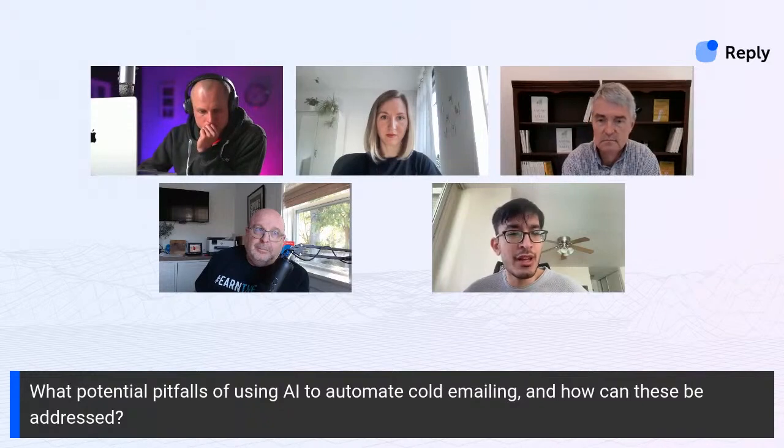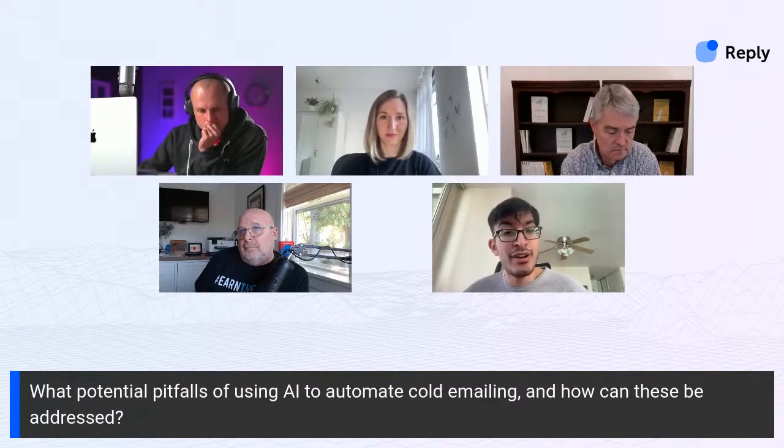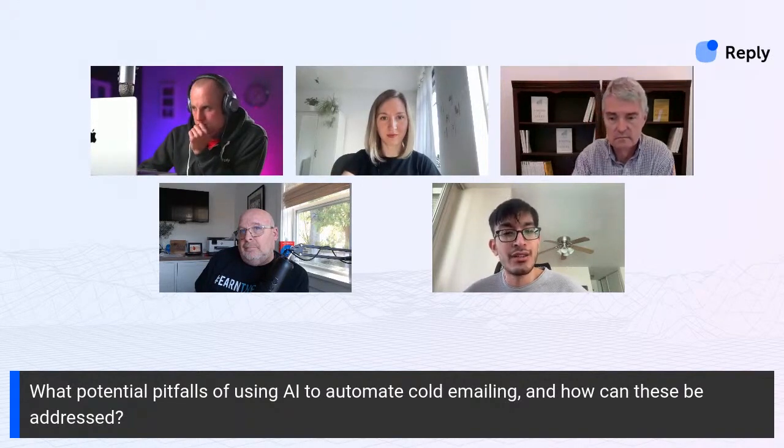So I think we'll see more safeguards come up. Maybe Gmail and other email tools would also try to figure out what is spam, what is not spam. There's a lot of research being done on how to know if content is AI generated or not. And I think what it'll come down to is whether content is of high quality or not.